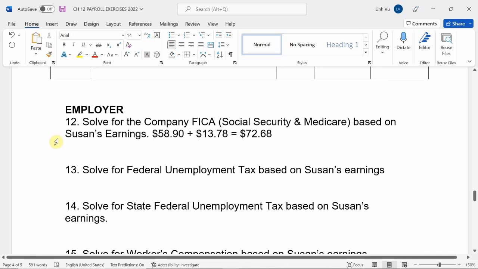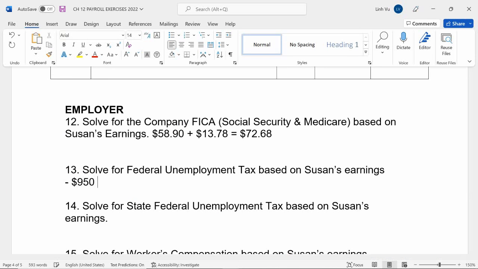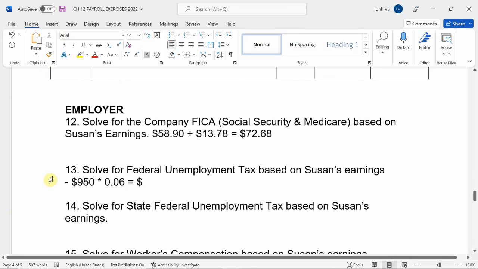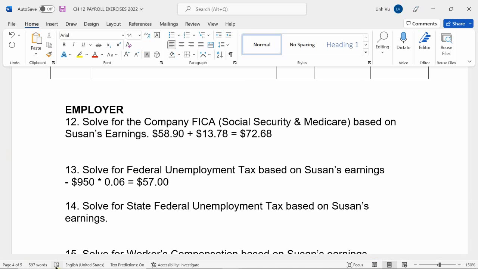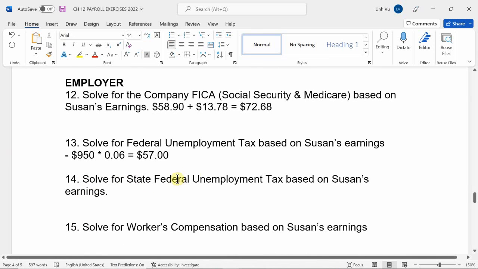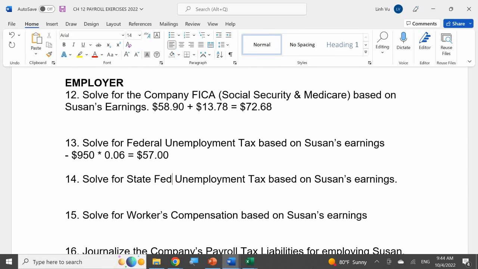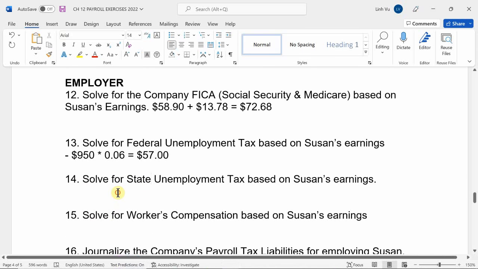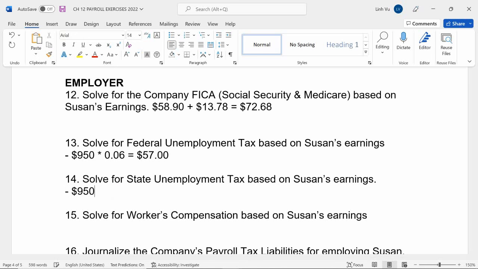We need to figure out what her federal unemployment is. It's 950 times 6%, so it'd be $57. And then state unemployment: 950 times 3% gives you 28.50.